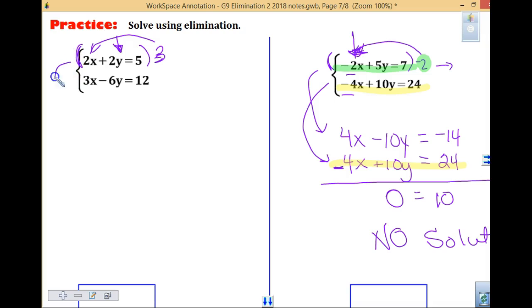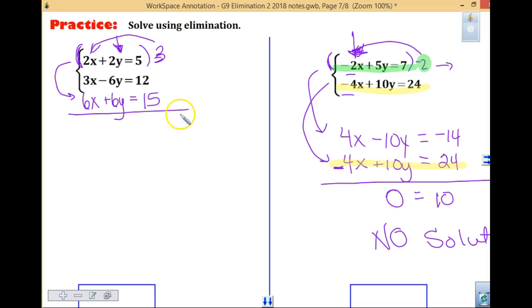I'm going to write this new one right below here so that I can add these two. So I am now going to have 6x plus 6y equals 15.